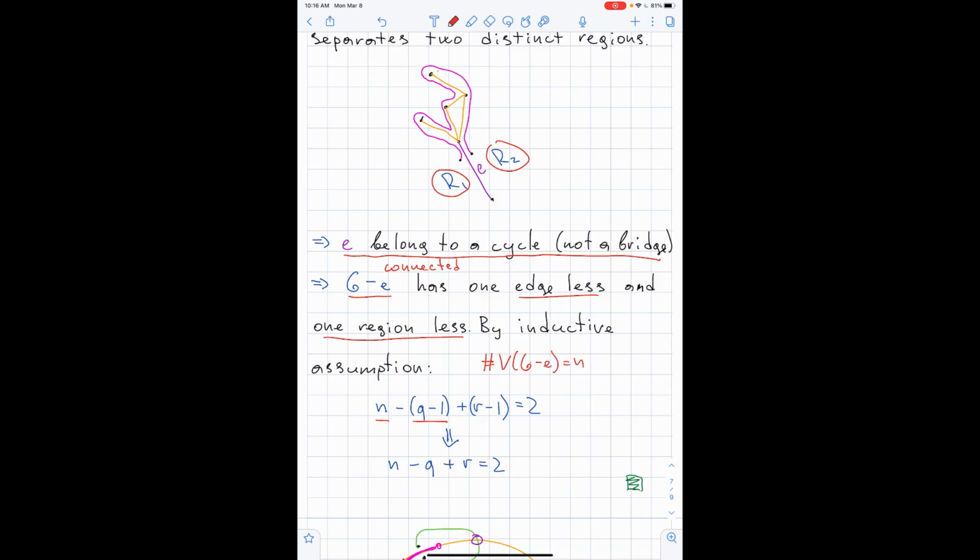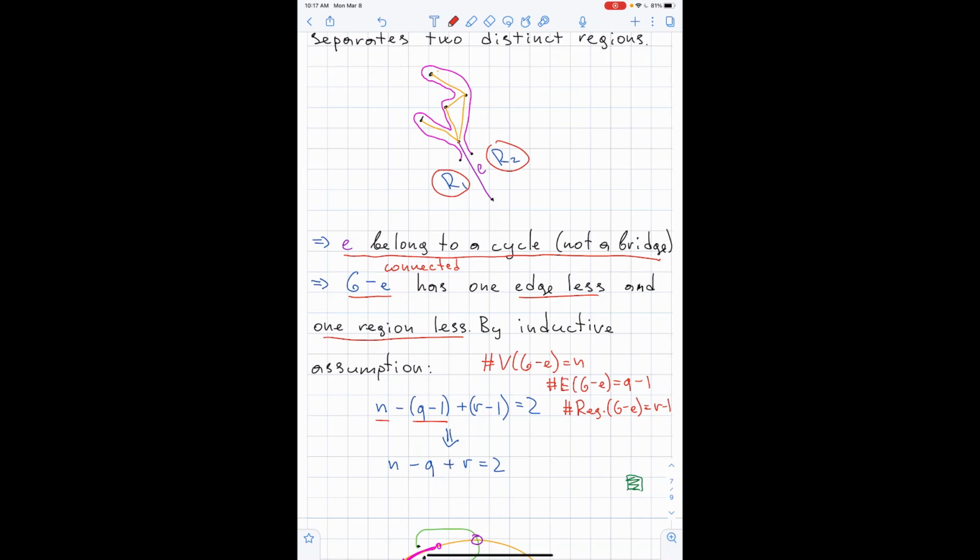The number of edges in G without E is one less than in G, so it's Q minus 1. And the number of regions of G without E is R minus 1, so the number of regions also becomes one less.